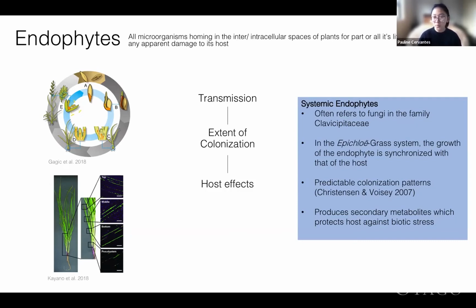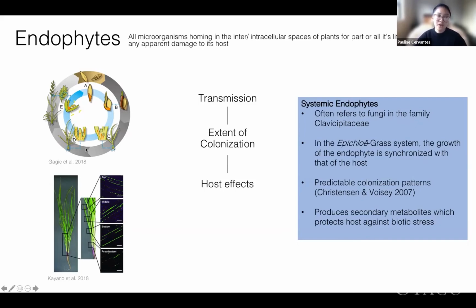So when we look at systemic endophytes, it often refers to fungi in the family Clavicipitaceae, which includes the well-known epicloe endophyte that is often associated with pasture grass systems. Systemic endophytes like epicloe are able to systemically colonize the above ground tissues of the plant all throughout, as you can see on this image here.